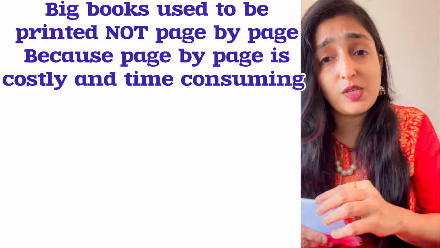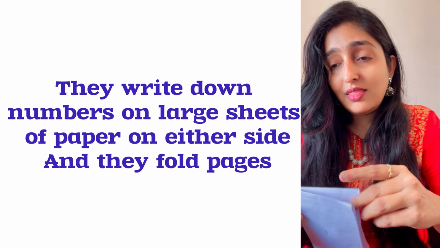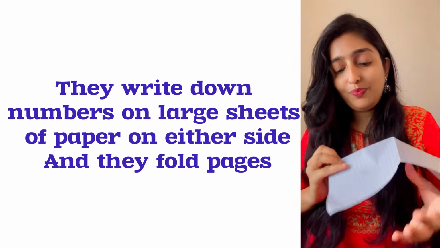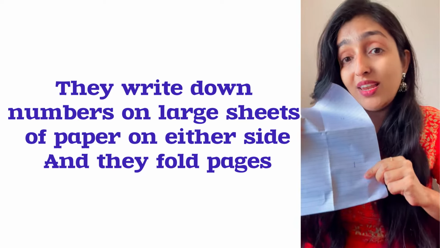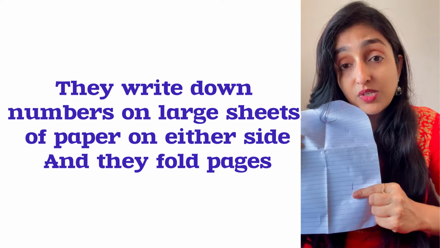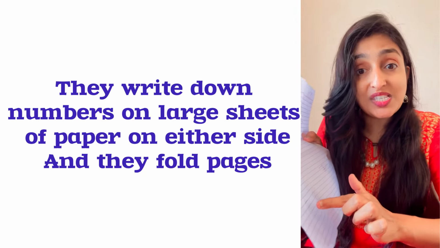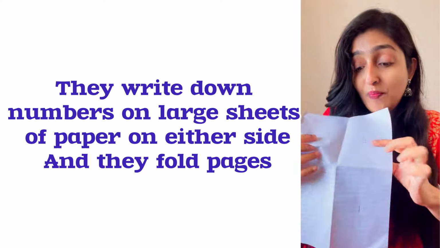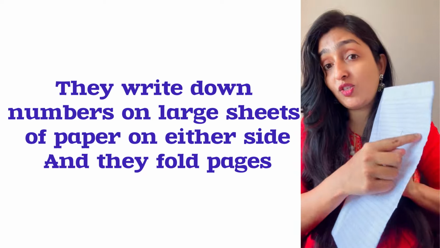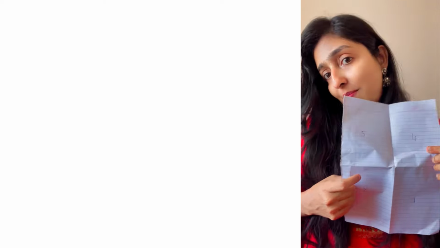That becomes very expensive. So what the printing press does is they write the numbers this way on large sheets of paper. They write the numbers on either side. That is, if 1 is here, 2 is to its back, and 3 is to its top, and 4 is at the back of 3, then 5 here, then 6 to the back of 5, and then 7 here, and then 8 to the back of 7.